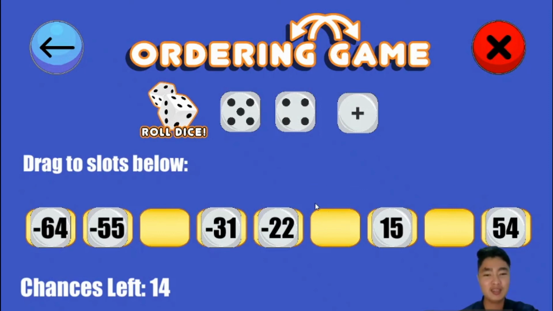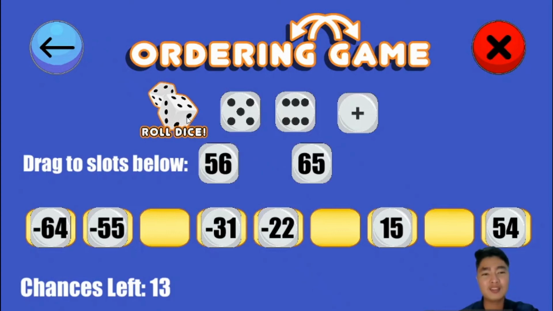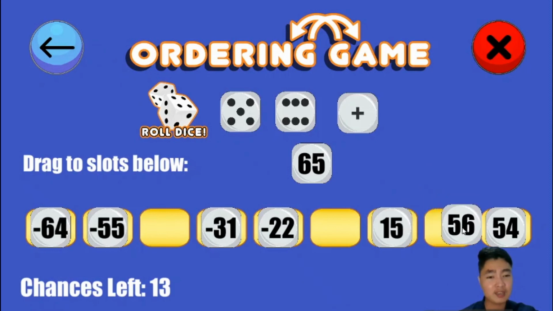That means we have these markers, and whichever number is rolled should be placed here properly. Make sure you follow the ascending order. If you try to place the wrong number in each spot, this game will automatically identify that you chose a wrong number. Let's say, for instance, I'll place 56 in between 15 and 54.